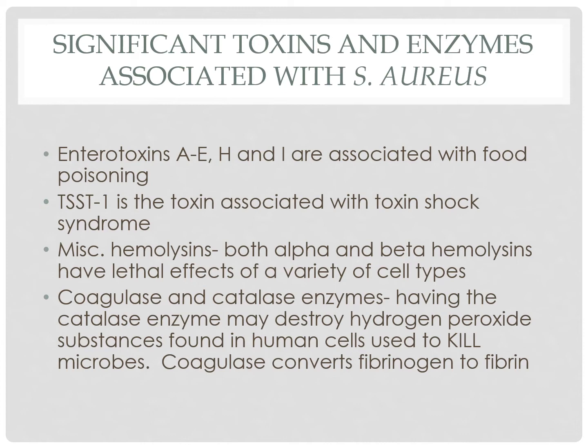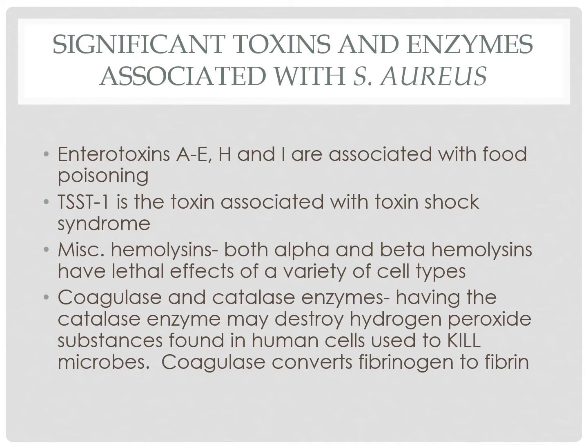Then we have the miscellaneous hemolysins. We've got the alpha hemolysin, beta hemolysin, and gamma hemolysin. An alpha hemolysin is a cytolytic toxin that destroys platelets. A beta hemolysin is a cytolytic toxin that destroys red cells. And a gamma hemolysin is a cytolytic toxin that destroys tissue cells and leukocytes.